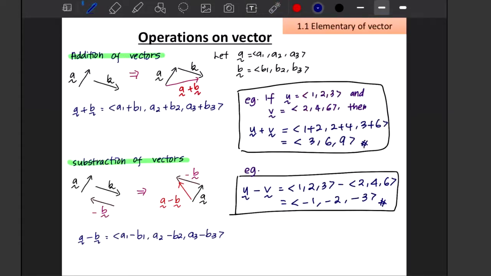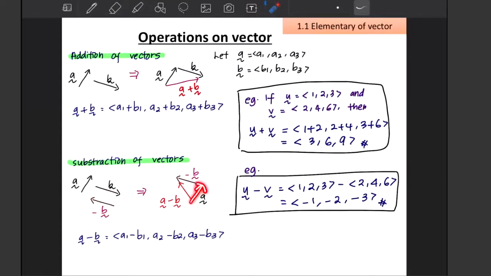Subtraction of vectors. If b here is pointing downward, we can also have negative b. Negative b is the opposite. So a minus b is actually a plus negative b. So to draw the figure, this is a and then negative b here.